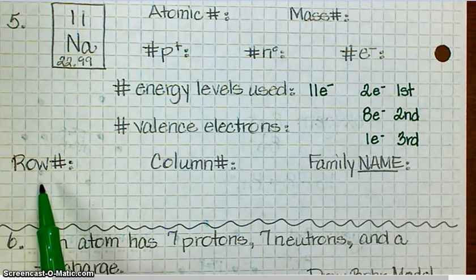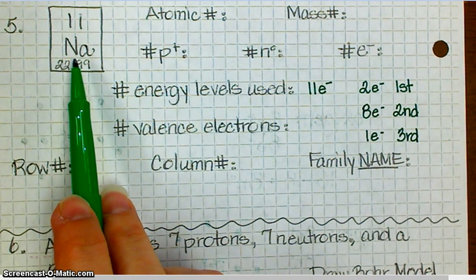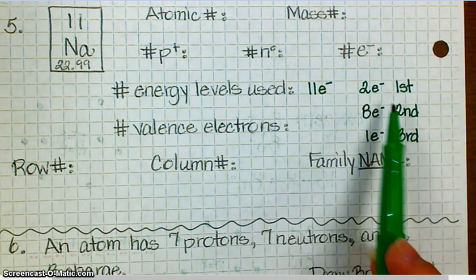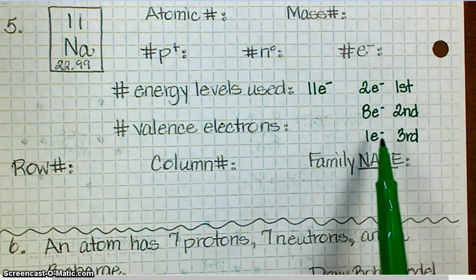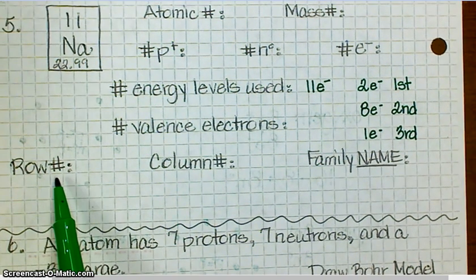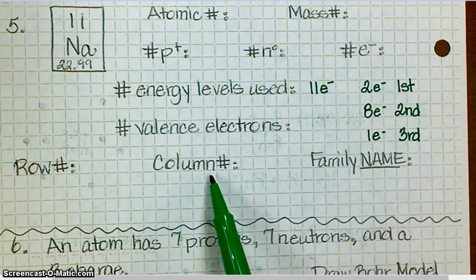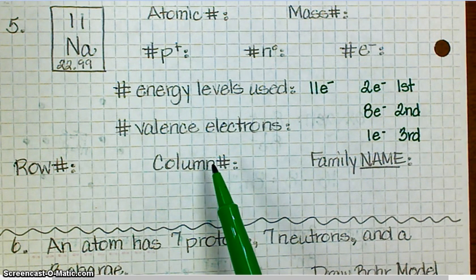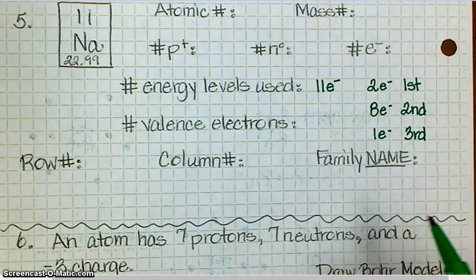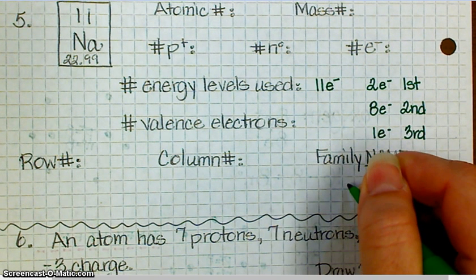Which row is this element in? This element is sodium. Well, I'm using 1, 2, 3 energy levels, which means that it's going to be in row or period 3. If I look at the periodic table, sodium is in the very first column all the way on the left, so that's column 1 or column 1A. This you actually have not been taught yet.